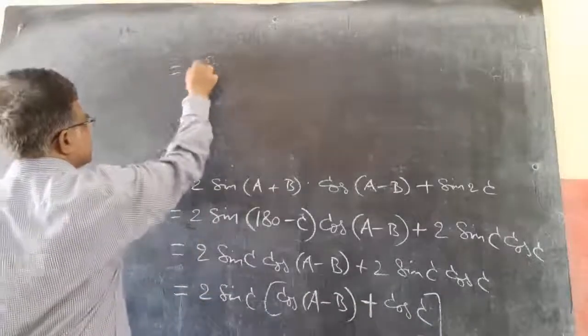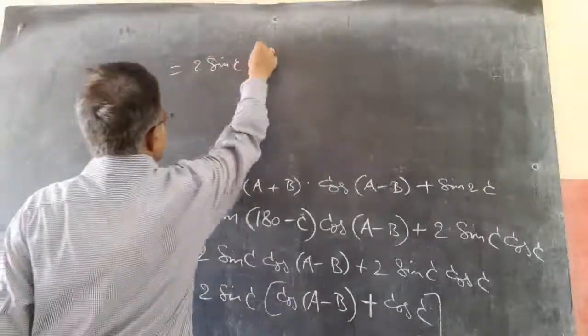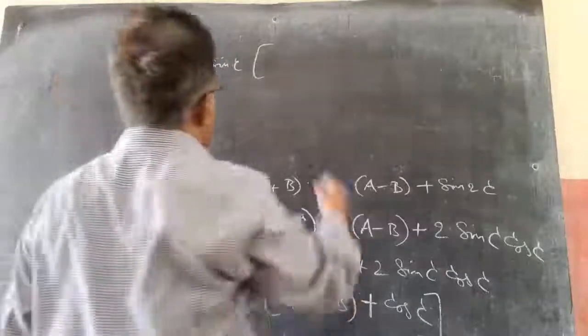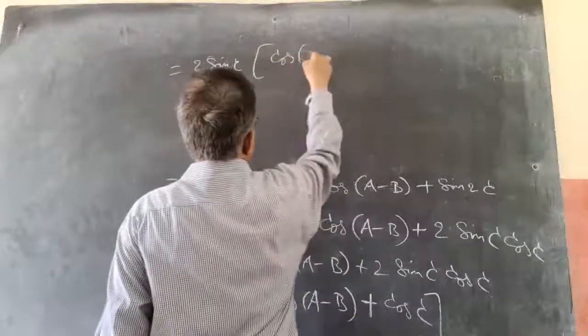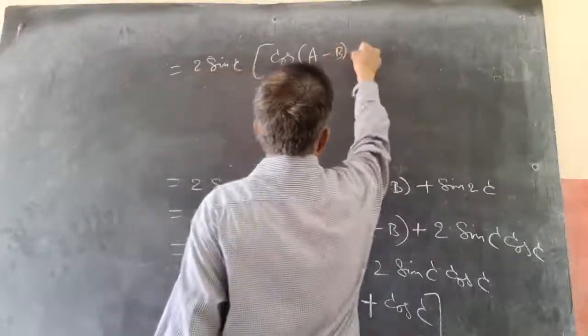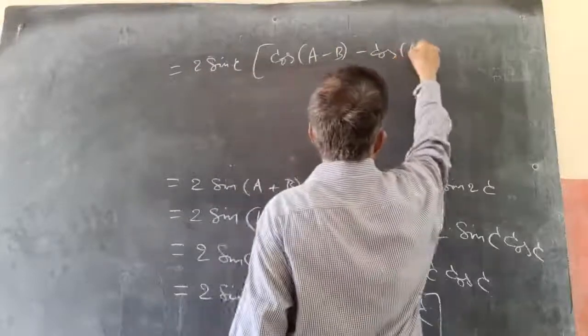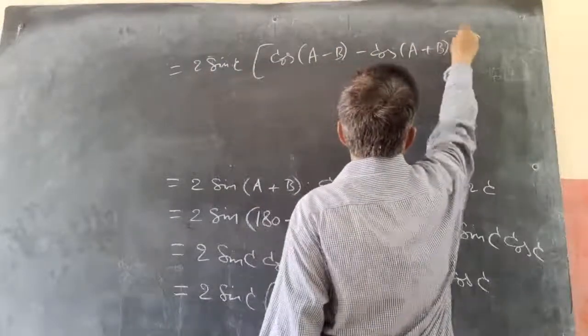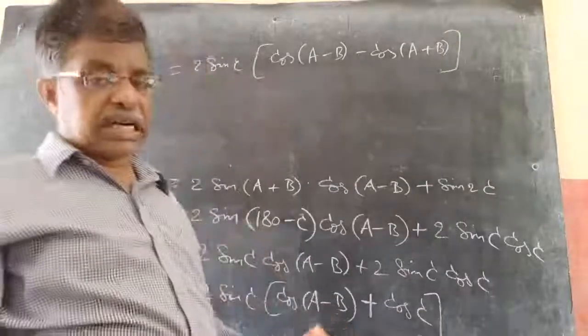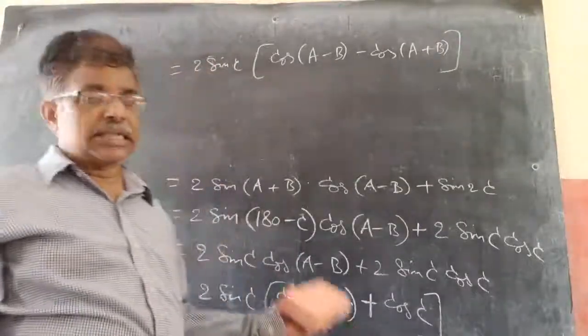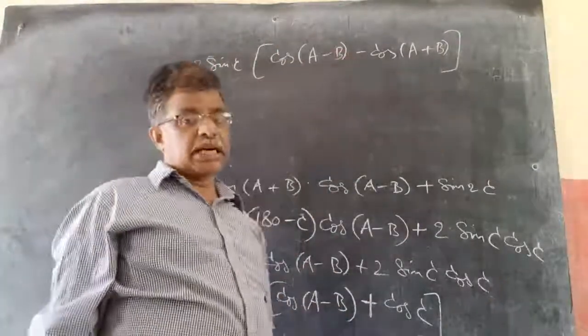So this becomes 2 sin C as it is, and inside the bracket cos (A minus B) minus cos (A plus B), because cos (180 minus theta) is minus cos theta. Second quadrant cos is negative, so it becomes minus cos (A plus B).